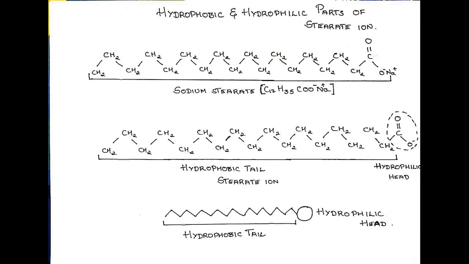So likewise, you can elongate the carbon chain. With the increase of length of carbon chain, the non-polar nature increases. But at the same time, in the carboxylic acid functional group COOH, when you replace hydrogen by sodium or potassium ion, that becomes the polar head.